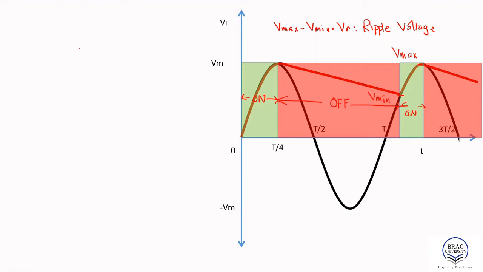And the mathematical expression for ripple voltage VR is Vp over FCR. Here Vp is equal to the peak output voltage.